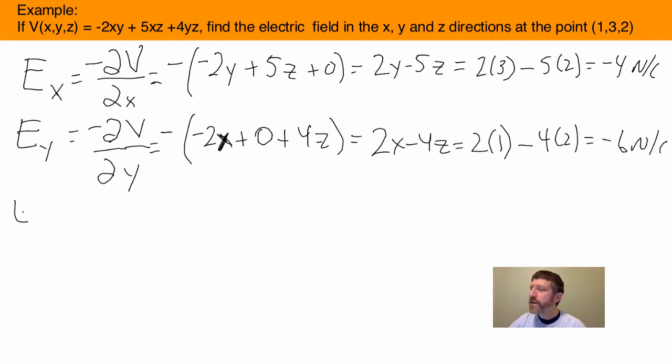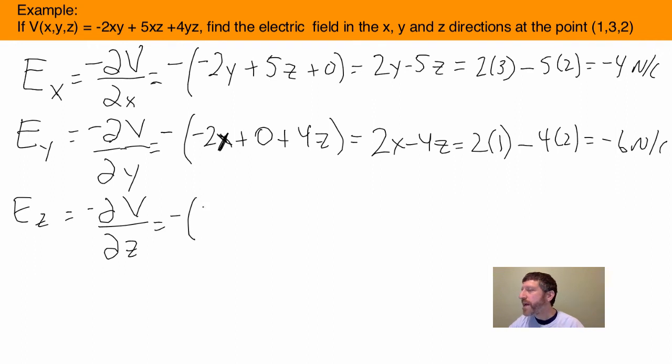Cool. And finally, the field in the z direction is just negative ∂V/∂z, which will be negative, and in parentheses I've got the derivative with respect to z of this one, there's nothing there, it's just a constant, just 0, plus 5x is the derivative there, plus 4y.